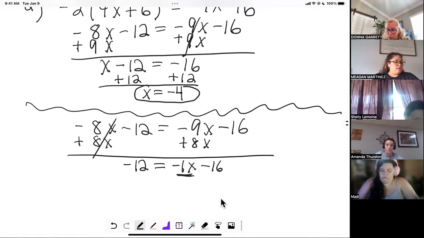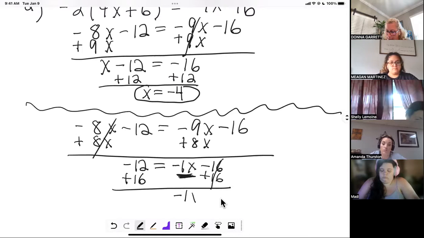Then since the x is over here on the right, I need my numbers on the left, so I need to move 16 to the other side. I'm going to add 16 and add 16. And I get negative 1x still equals negative 12 plus 16, or 16 minus 12, is 4.